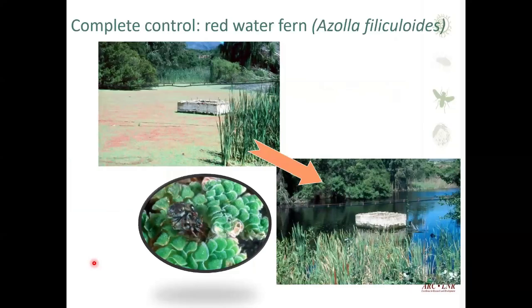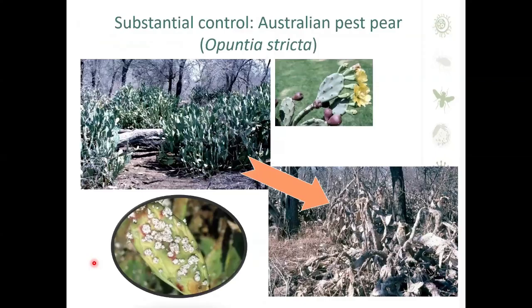The red water fern had a much quicker turnaround time, within a matter of months. This tiny little weevil that feeds on the fronds was able to destroy the red water fern, and this was quite an outstanding program. It's not often that we see such quick turnaround times of the impacts of the biocontrol agents.